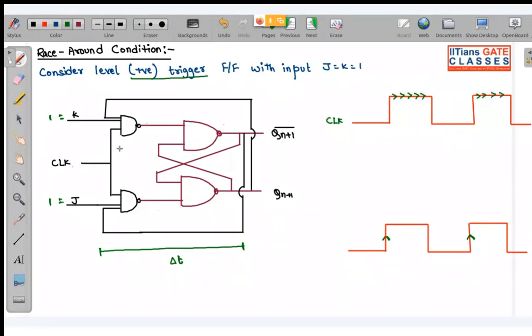Now look, if I initialize this flip flop from 0, see very carefully.